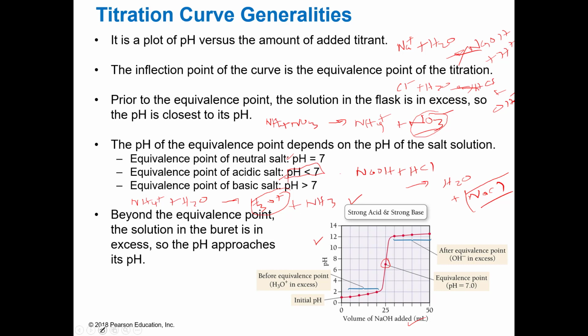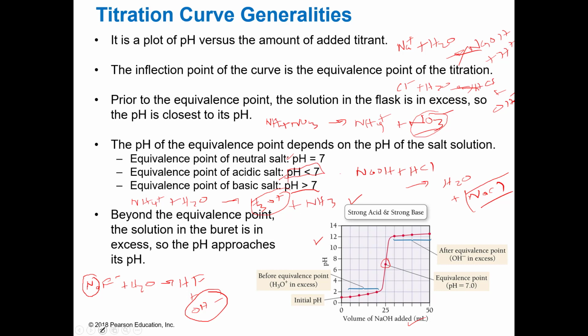All right, for a basic salt, that would be like sodium fluoride. Again, the sodium ion does not react with water, but the fluoride ion will react with water because it's the conjugate base of a weak acid, hydrofluoric acid. So we're going to form the molecular acid plus the hydroxide ion. Because we generated the hydroxide ion, the pH is going to be greater than 7, and we're going to have a basic solution.